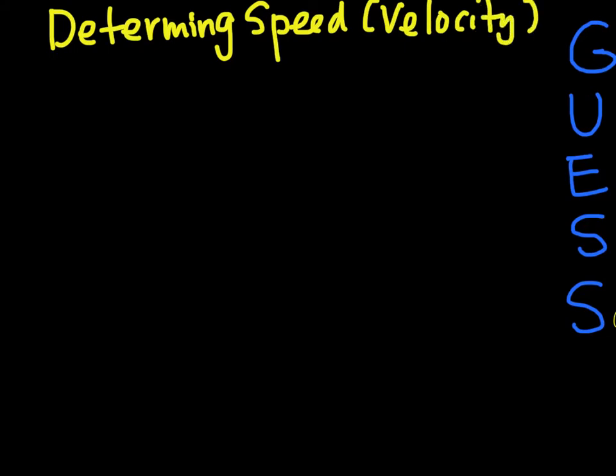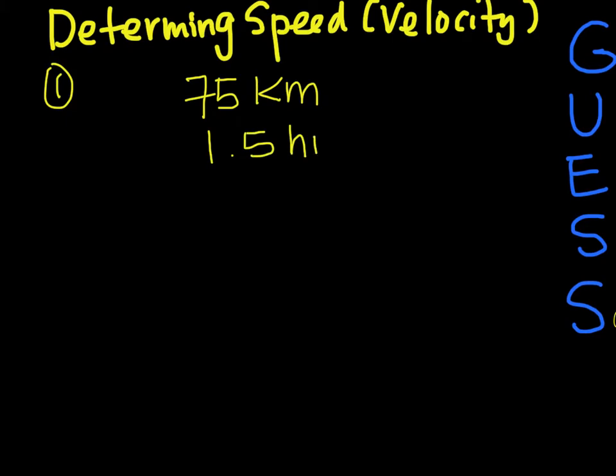Alright, so the question says, this is number 1, what is the velocity of a car that traveled a total of 75 kilometers north in 1.5 hours? So what are our givens? What information are they giving us? They're giving us 75 kilometers and they're also giving us 1.5 hours.